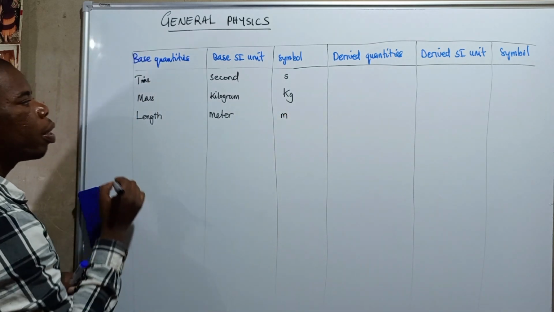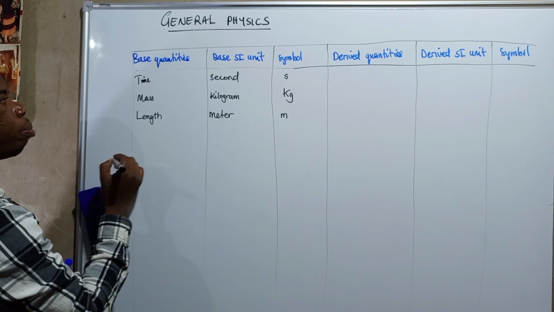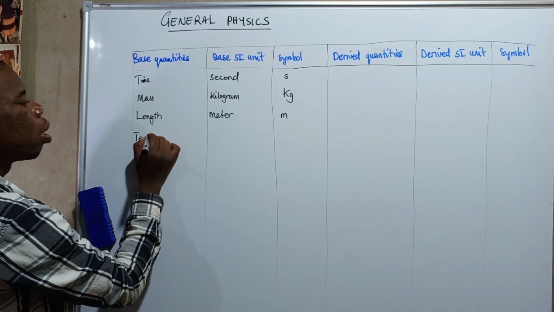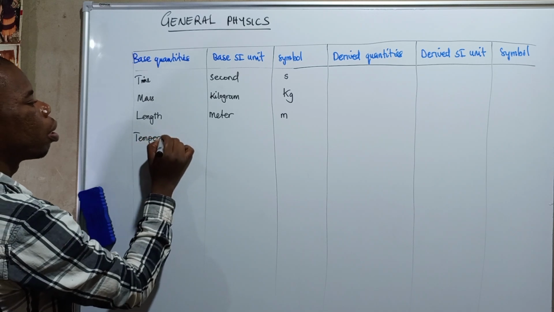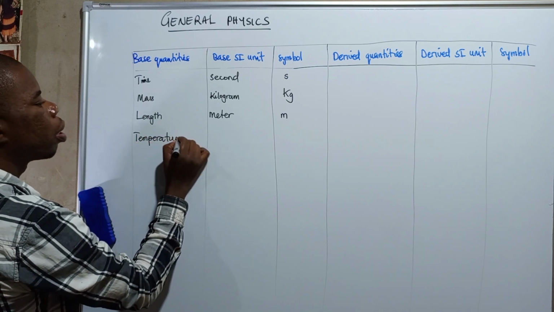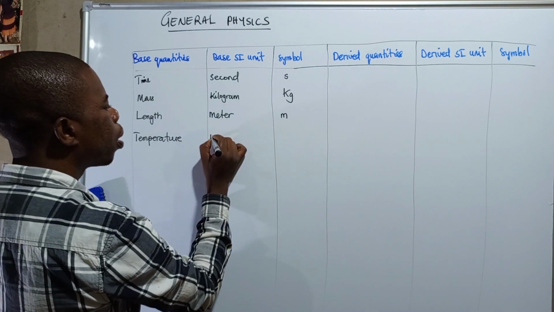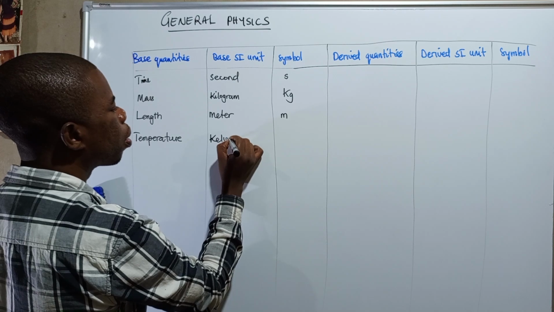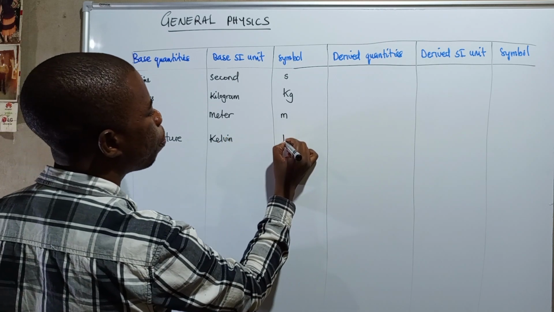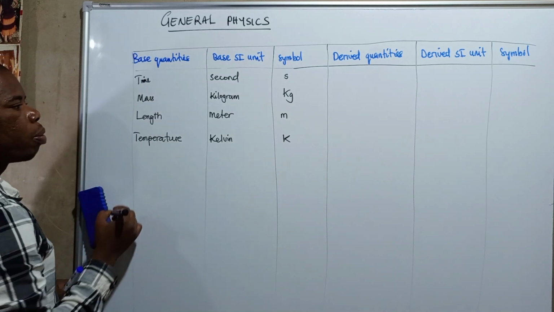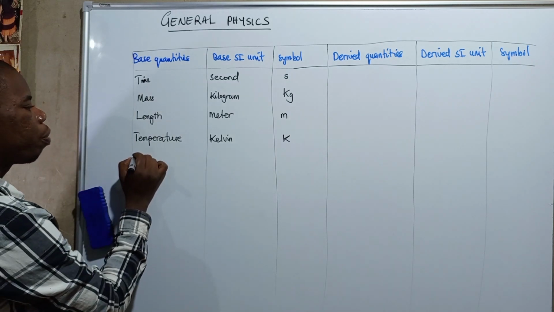Then the other one is temperature. The SI unit is the Kelvin. Symbol is capital K. The next is amount of substance.